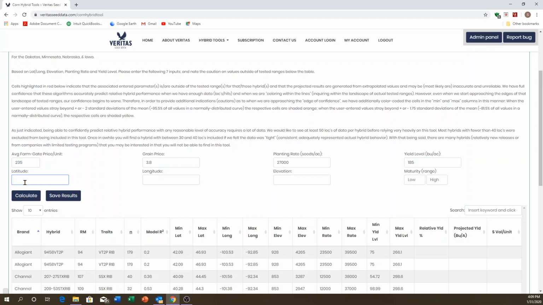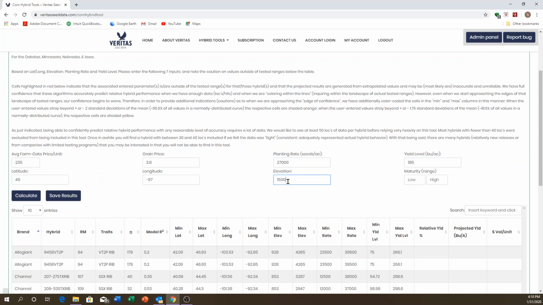But let's say that you're living at a latitude of 45 degrees and a longitude of negative, and you don't have to enter in the negative sign. It'll automatically pop up there for you. But negative 97. And an elevation here of 1,500 feet.